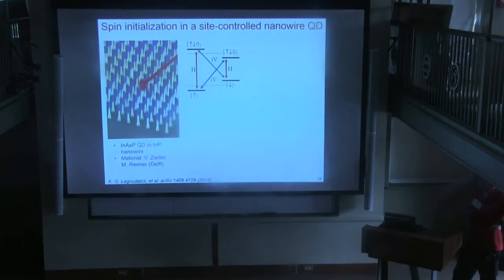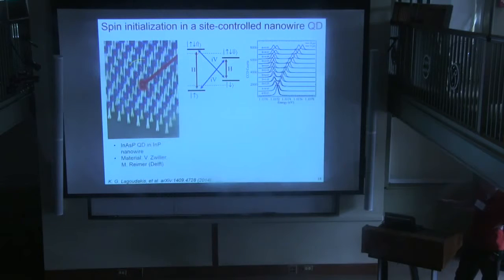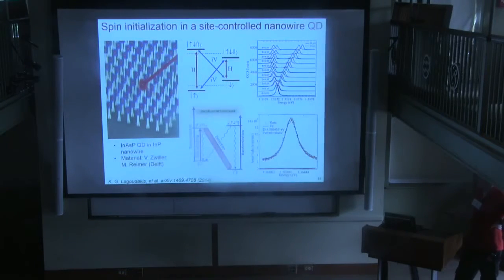If you put them in a Voigt magnetic field, you also get such a double lambda system for all 4 transitions for any of these wires. And that's an example of non-resonantly excited PL measured as a function of the magnetic field, and you do see the Zeeman splitting with the 4 lines appearing.